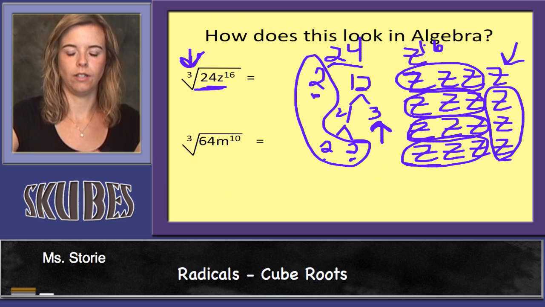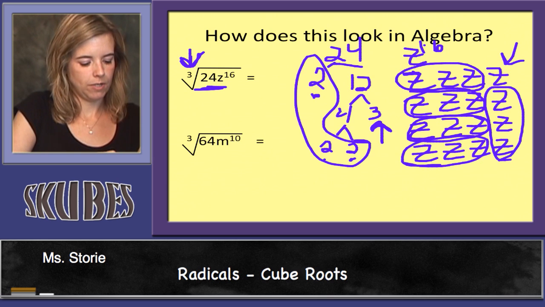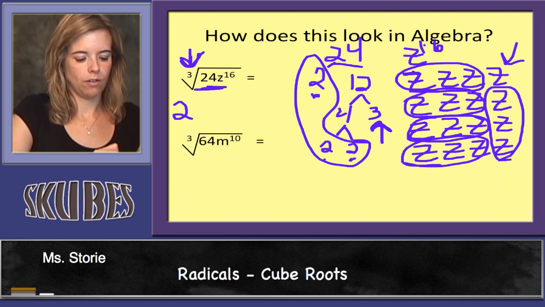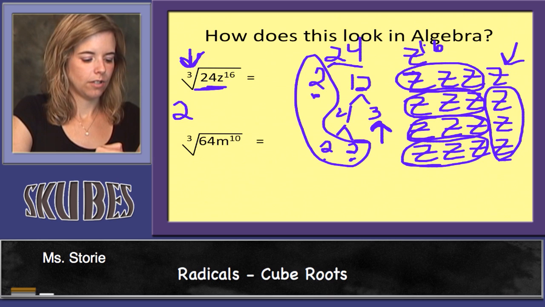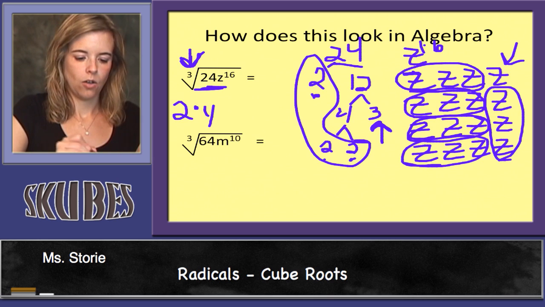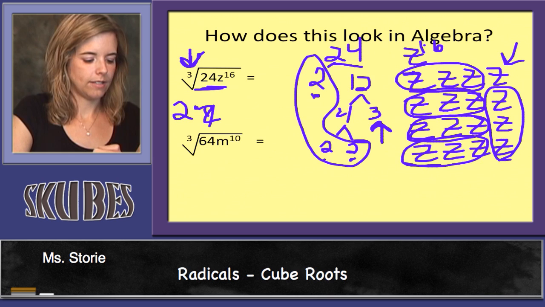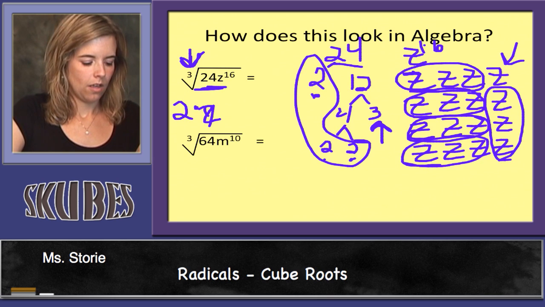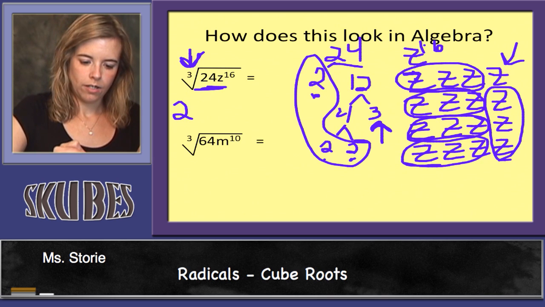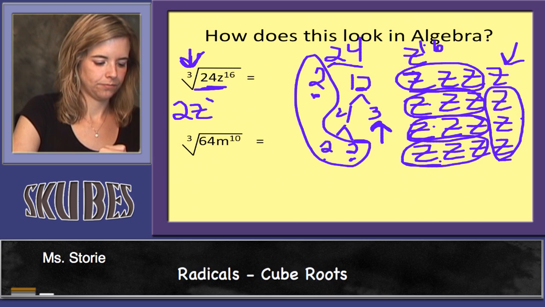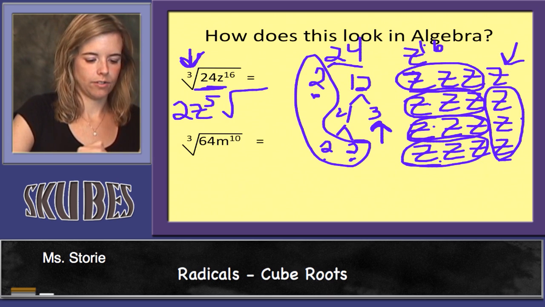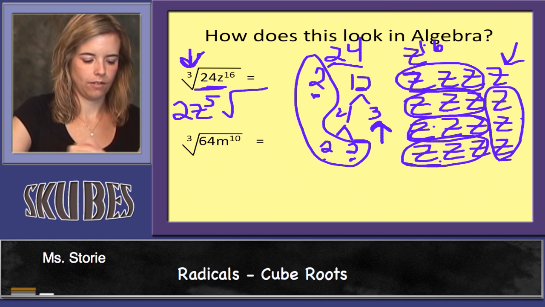And I do have one lonely little leftover z. So that means I can take a grouping of 3 2's out, and I can take z, let's see, how many? 1, 2, 3, 4, 5 z's out. And then my leftovers: I do have a leftover 3 and a leftover z.